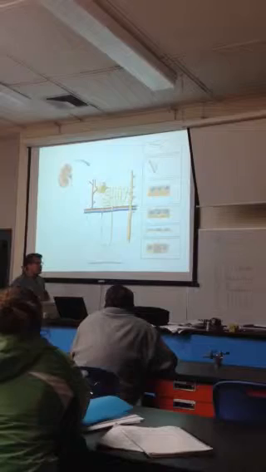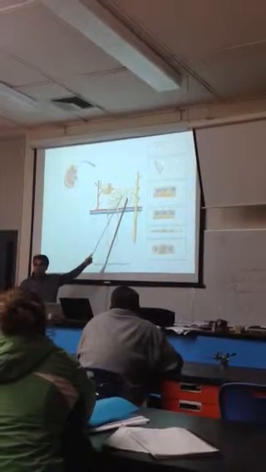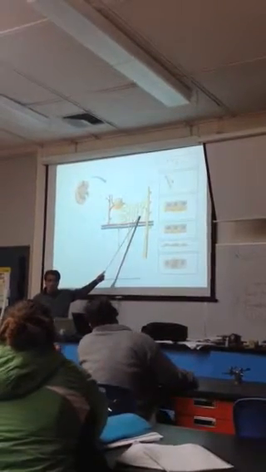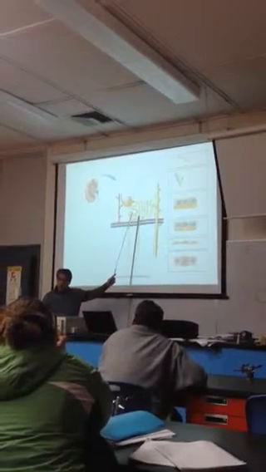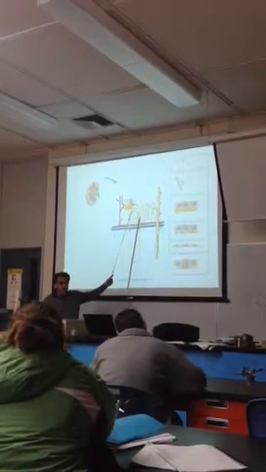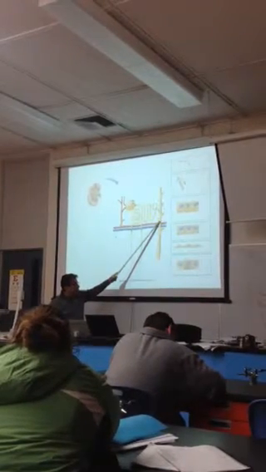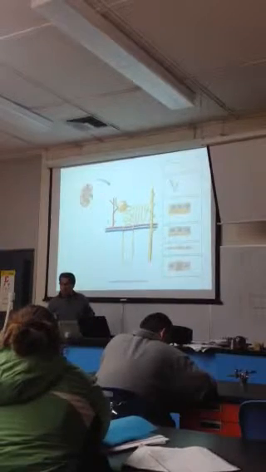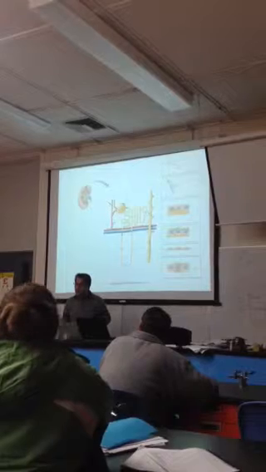What are the hormones affecting in this area? ADH for absorption of water. Aldosterone for absorption of sodium and excretion of potassium. And then you also have the intercalated cells, which are for excretion of hydrogen.